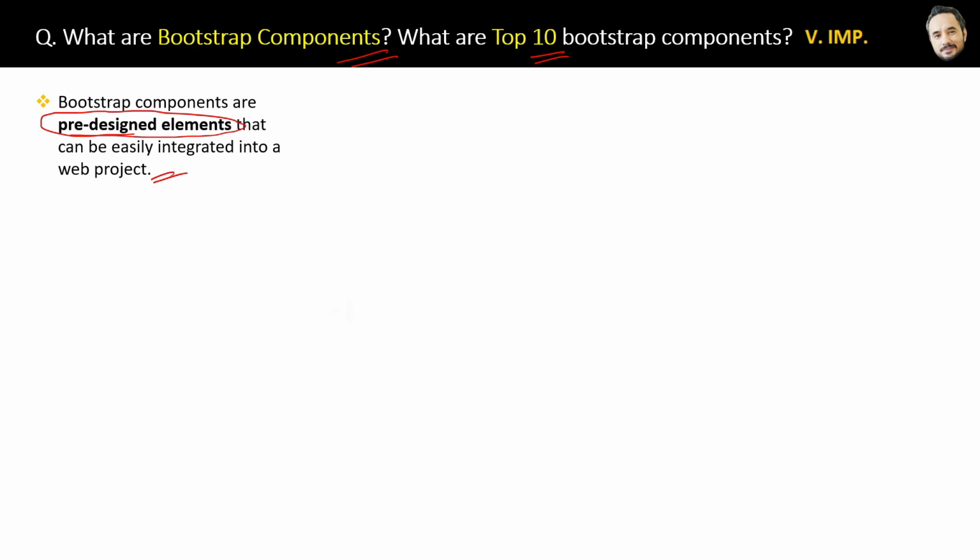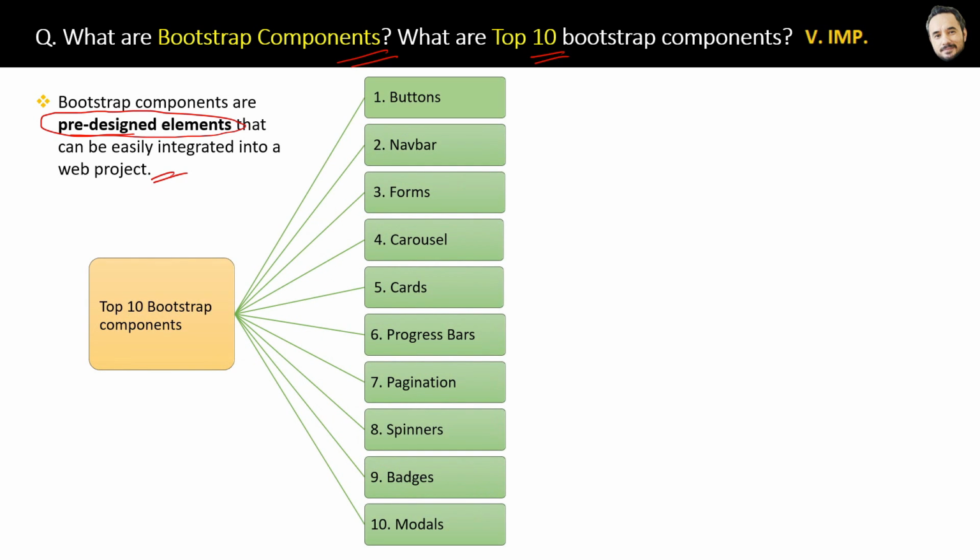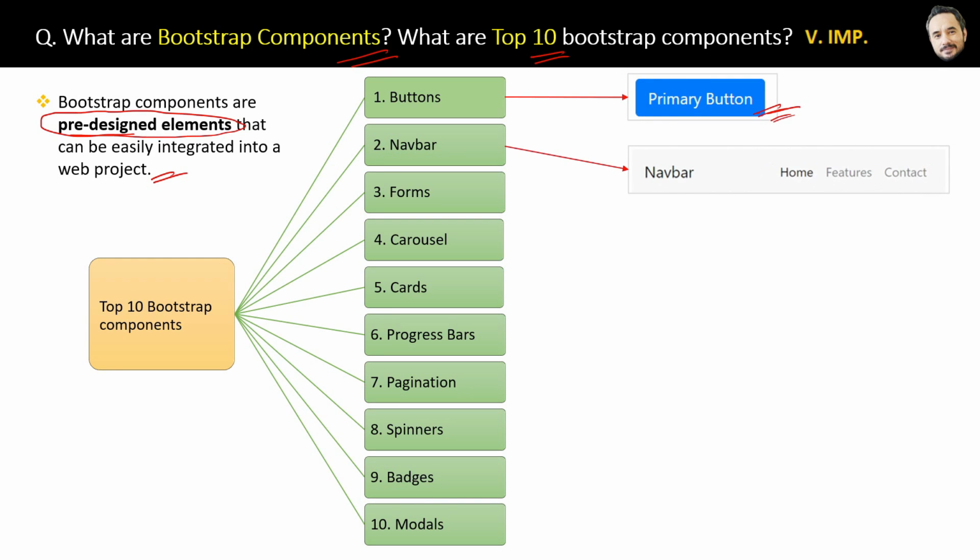And here are the top 10 Bootstrap components which you can use in your websites even without developing them, just by including the Bootstrap framework in your website. First are buttons. Bootstrap button components allow you to create interactive button elements that users can click. Second is the very popular navbar.